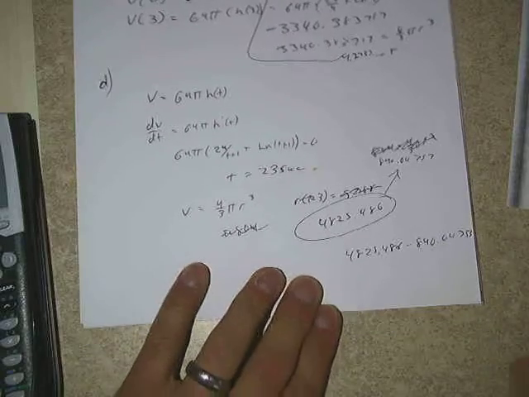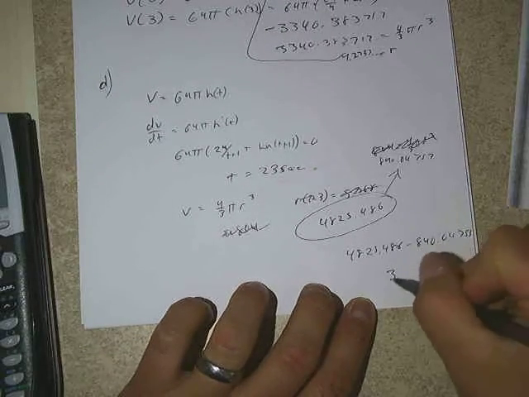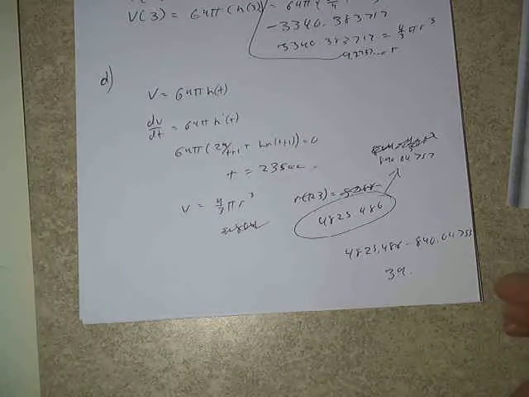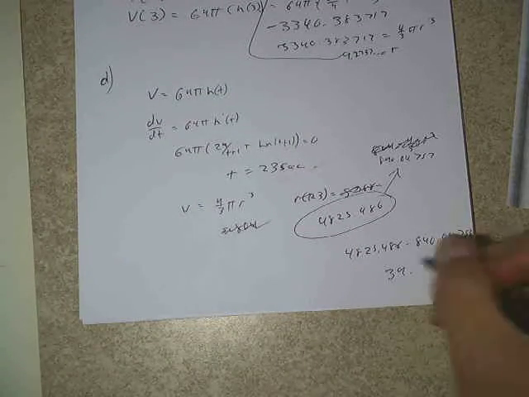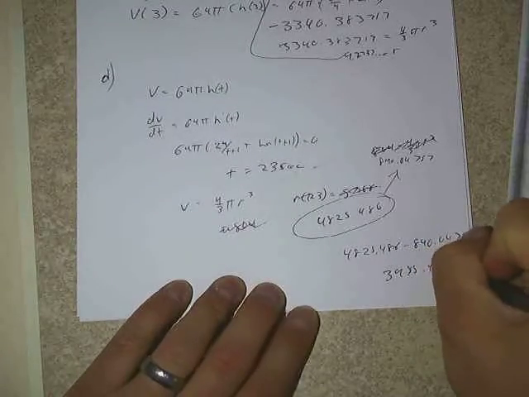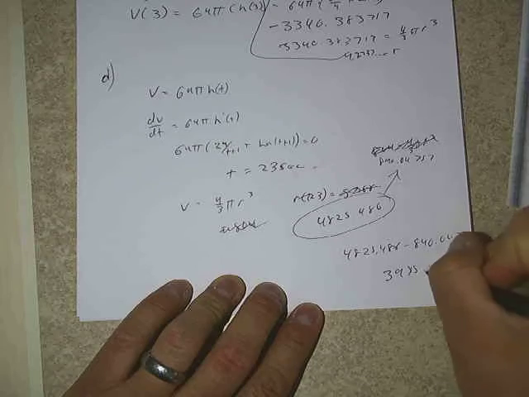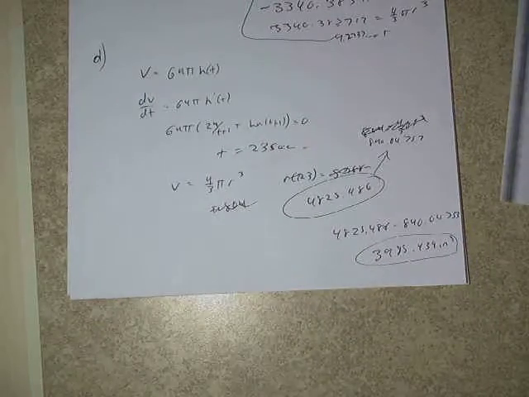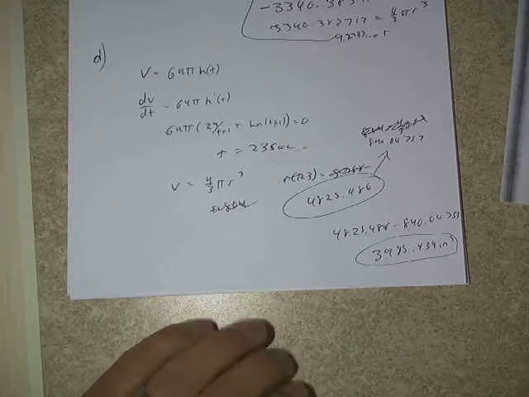So bottom line is, again, this was our amount in the whole system, right? And there was this much in the tank. So therefore, what am I going to do with these two? So this is how much was in the tank at that time. All I got to do is take those two and subtract them.